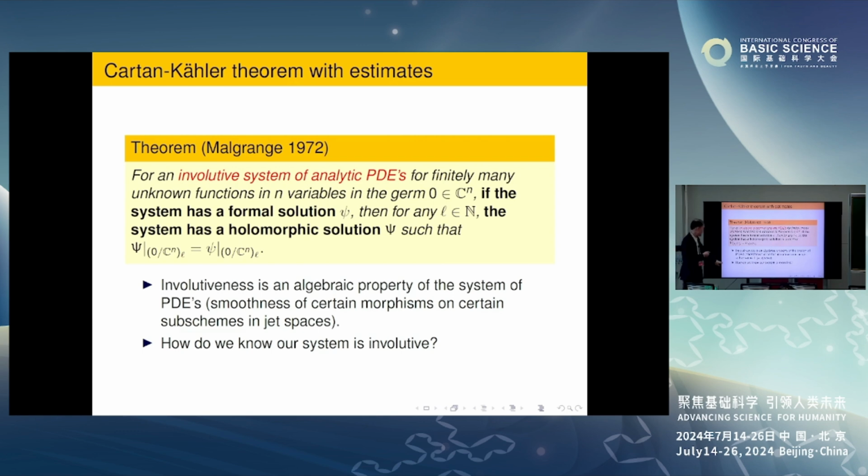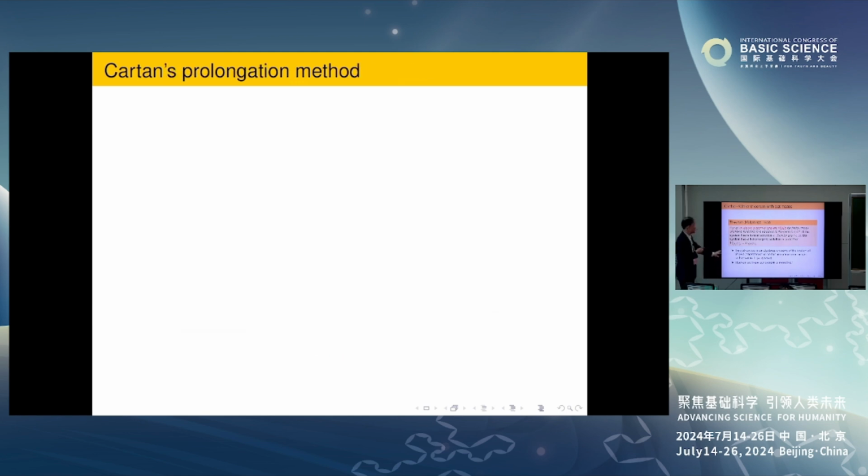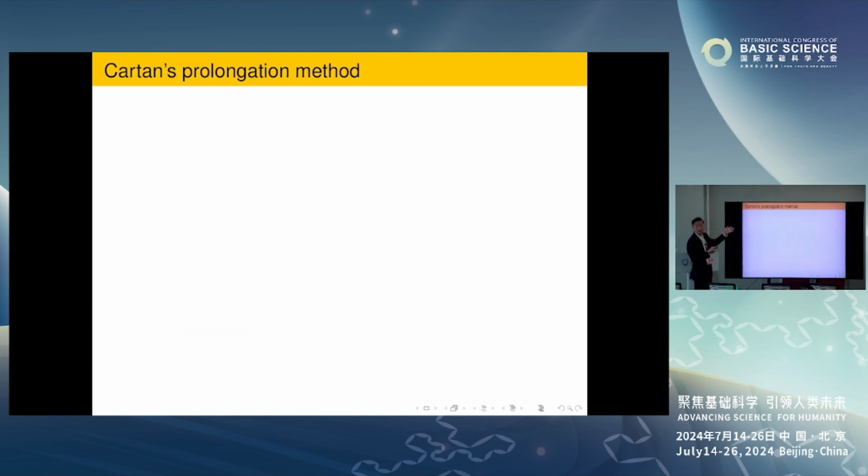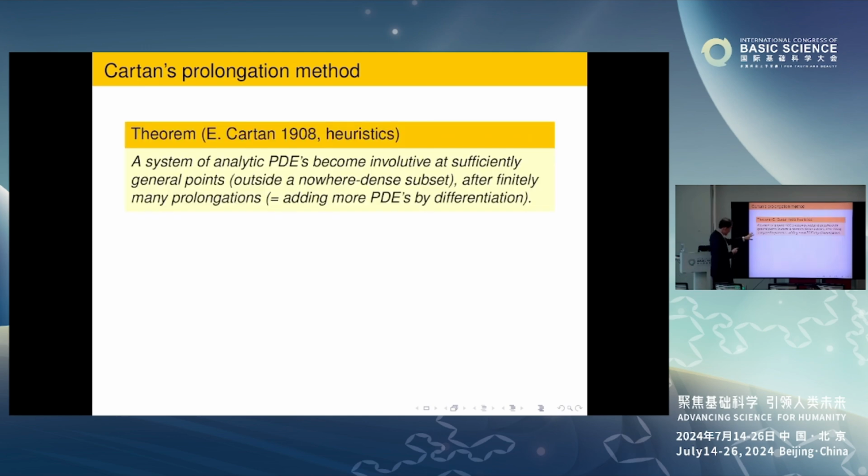So how do we know our system is involutive? Very fortunately, there is a general method. This is Cartan's prolongation method. What Cartan suggested heuristically is that any system of analytic PDEs becomes involutive at sufficiently general points, outside some nowhere dense subset, after finitely many prolongations. So if you go to general points, then it becomes involutive.